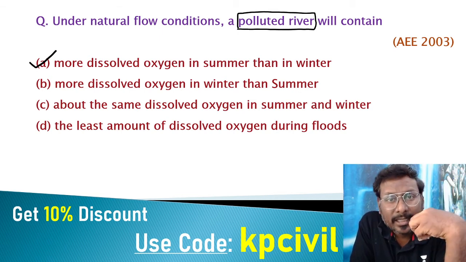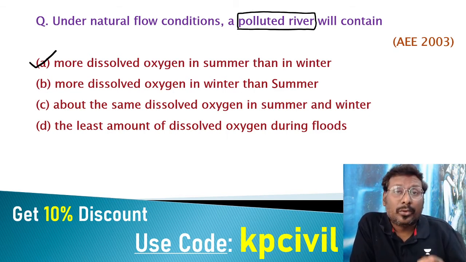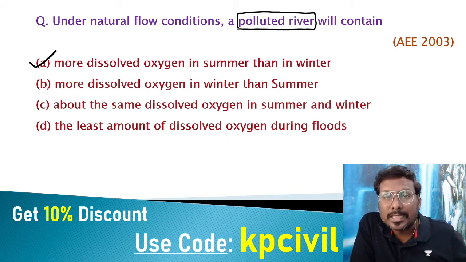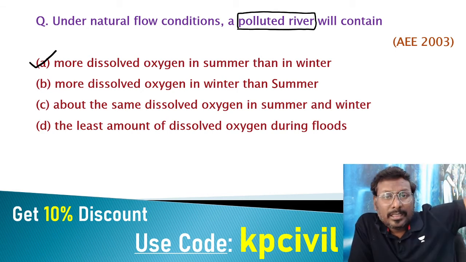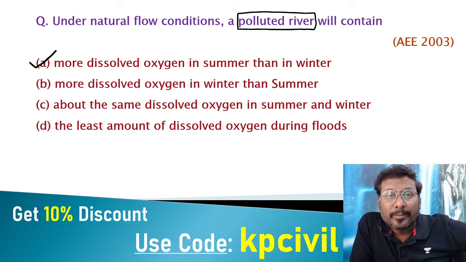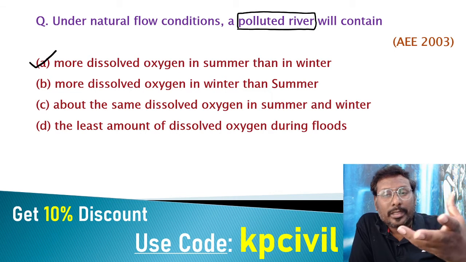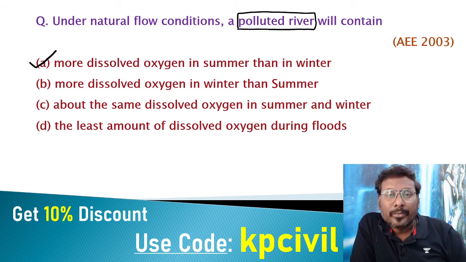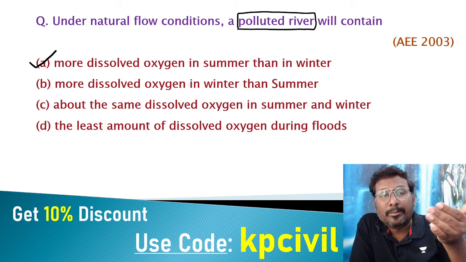Algae take sunlight and perform photosynthesis. As a result of photosynthesis, they release oxygen. In summer, the plants surrounding the river grow well, and in a polluted river algae also grow well, so there is more DO in summer than winter.